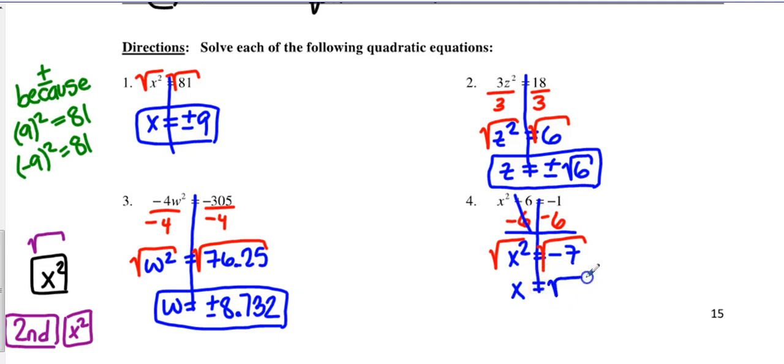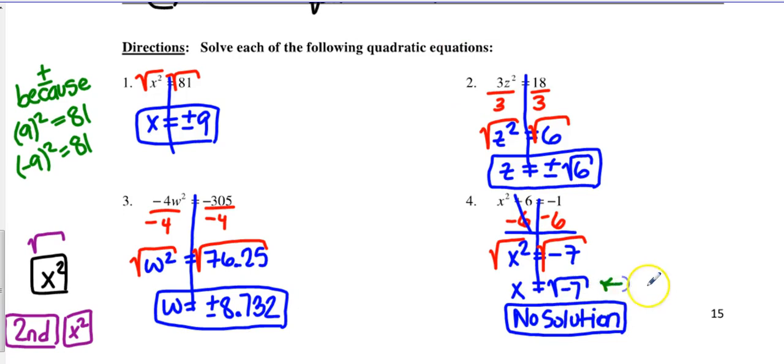So I'll put square root of negative 7, but then I'm going to say no solution. Because this is actually an imaginary. We use that word today in class. We see the square root of a negative, that's an imaginary number. Very good.